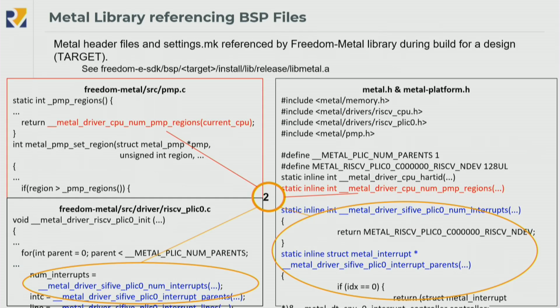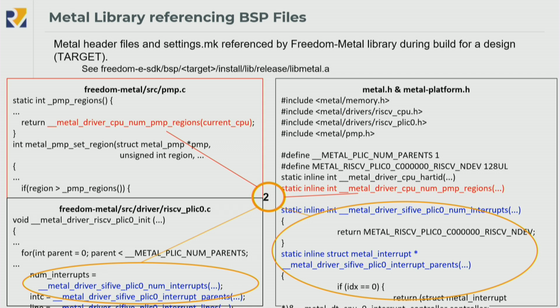And what this does is that the open source library that's available in Freedom Metal now has no knowledge of a particular hardware at all. It simply references a particular function that would be described by a BSP file associated with that target.